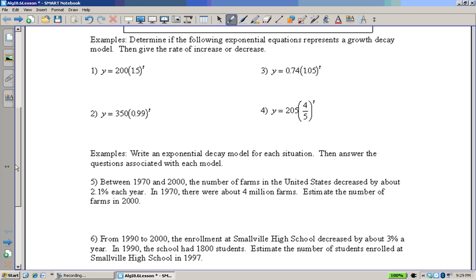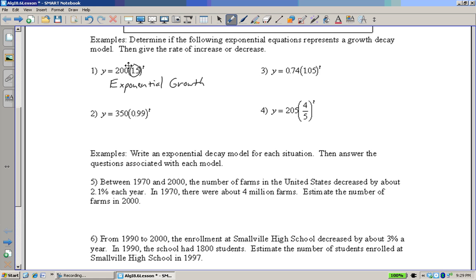So now we're going to look at some examples, see if it's a growth or decay model, and we're going to say the rate of increase or decrease. So this one, it's larger than 1, so this is exponential growth. And it's in relation to the number 1.